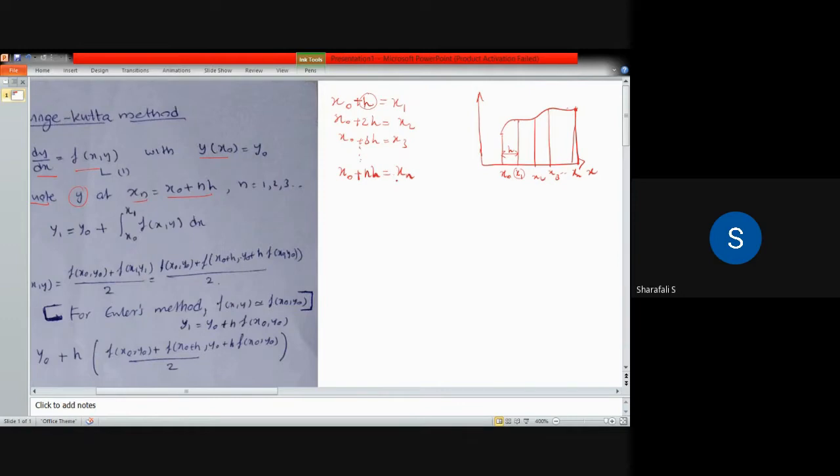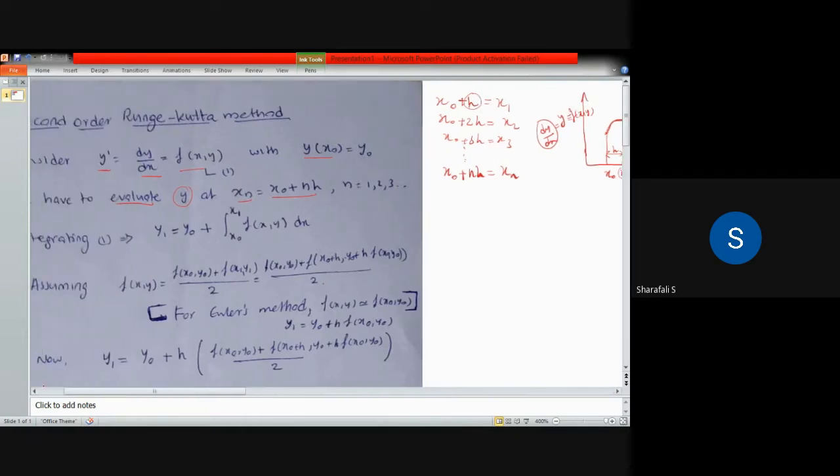This we already discussed in Euler's method. So this is your y, and this y dash is nothing but f of x comma y, which is your dy by dx. You have been given a differential equation dy by dx equal to something, and that function f of x comma y is varying like this. If you want to go to the next x value, you have to add the step size h to the current x value.